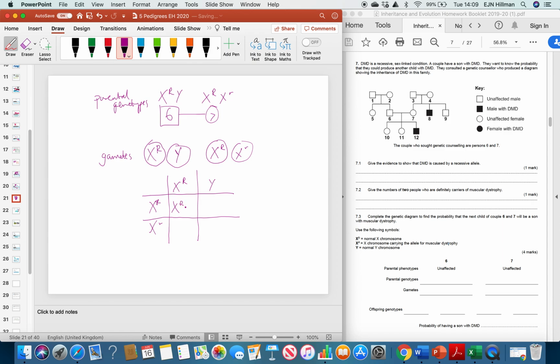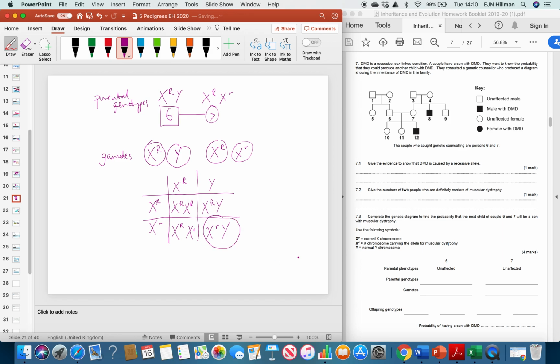Okay, so this is a female, homozygous dominant, and therefore no muscular dystrophy. This is a male with the dominant allele. This is a female carrier, and this is a male with muscular dystrophy.